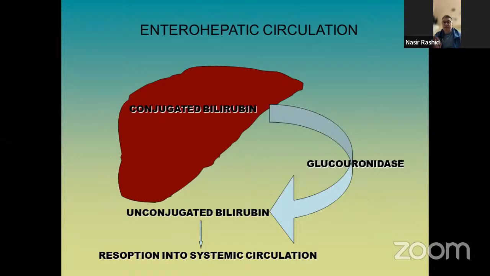This concept of unconjugation again in the intestine and reabsorption is very important for you to understand as we move on, to see how physiological hyperbilirubinemia can become pathological. Next slide, please.